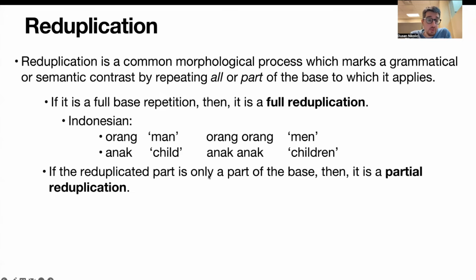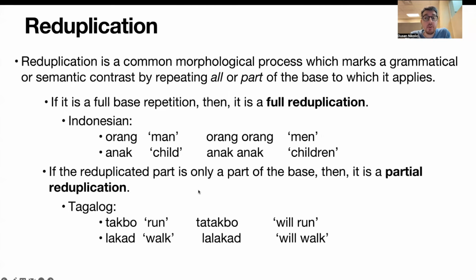We have a partial reduplication when only a part of the base is repeated. For example, in Tagalog, we have takbo and tatakbo, which means will run. So usually indicating future, right? Lakad, walk, lalakad, will walk, right? And we don't have takbotakbo, a full reduplication.